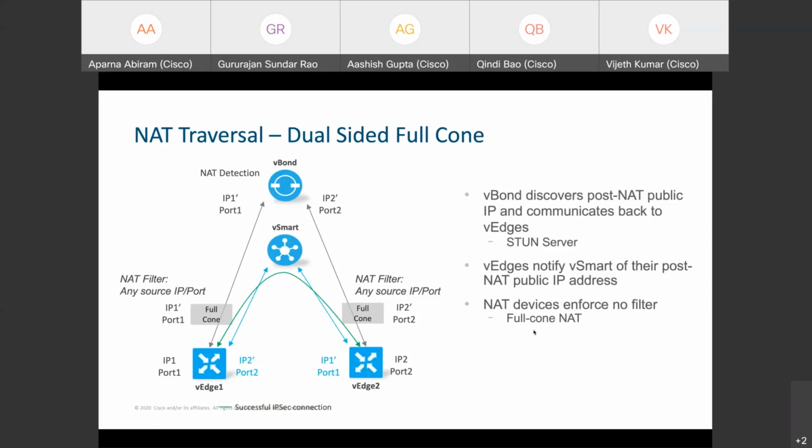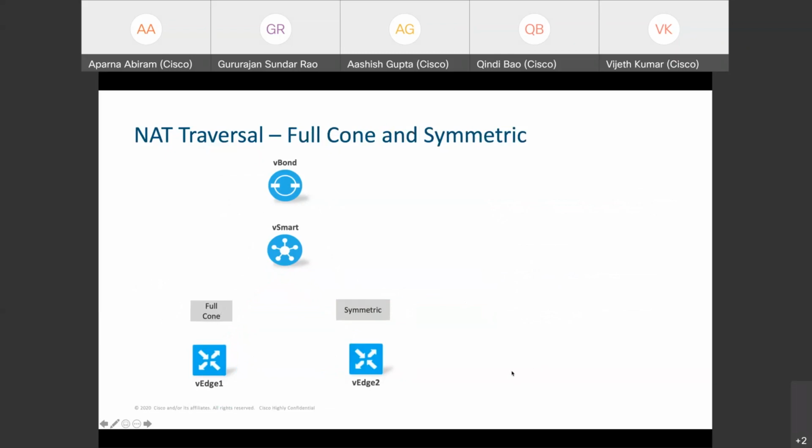So vEdge notifies, okay, this is my public IP and the public port number. Once vSmart knows your public IP and the public port number, vSmart advertises that TLOC information to your other vEdge devices, and the vEdge devices store that information in the TLOC parameters, and both of these devices form a control connection. This is how the NAT traversal works. Next slide, please.